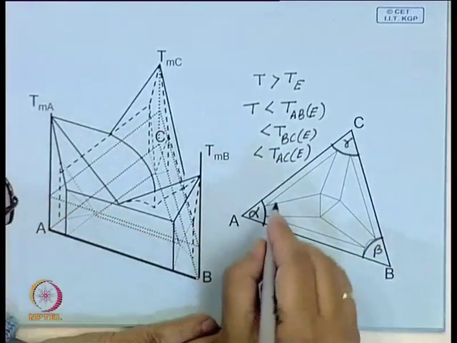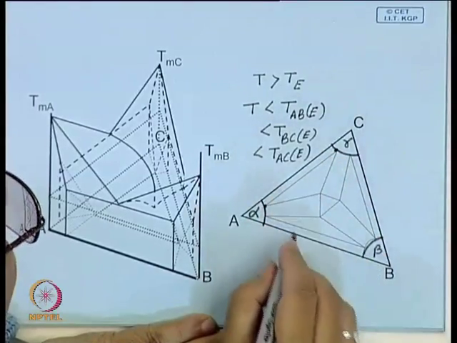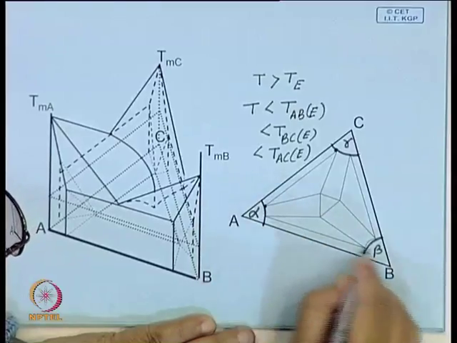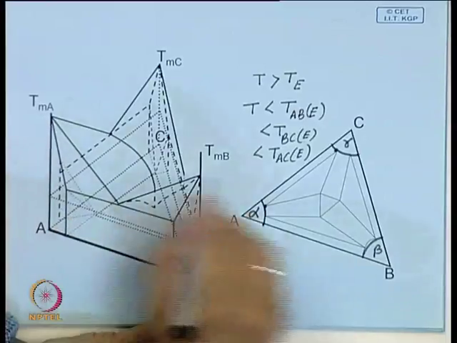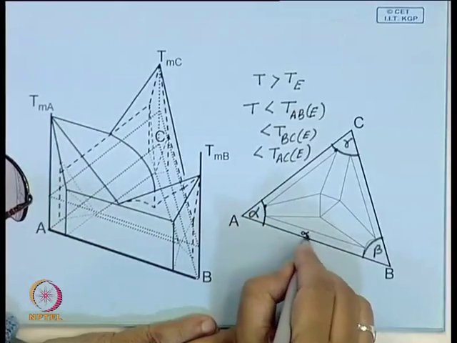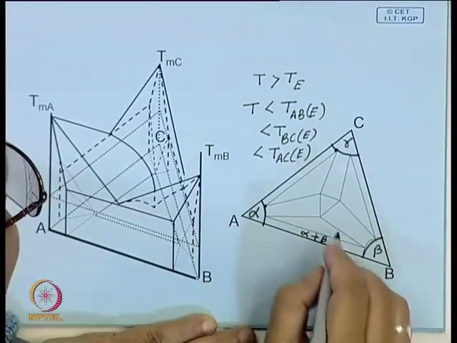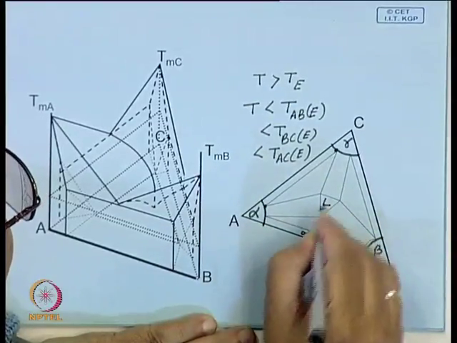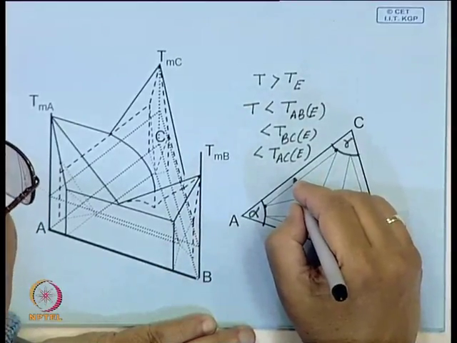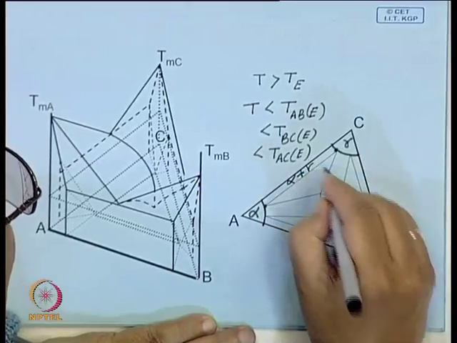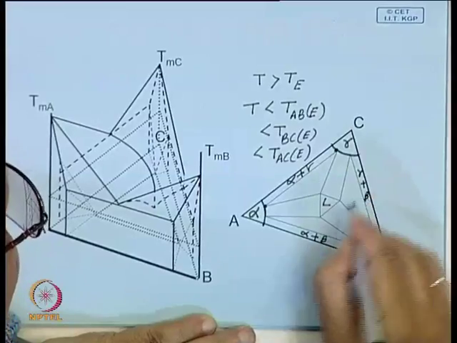Similarly, there will be regions where only alpha and beta coexist. Say this will be alpha plus beta, and this is the portion which is liquid. This portion will be alpha plus gamma, this portion will be gamma plus beta.